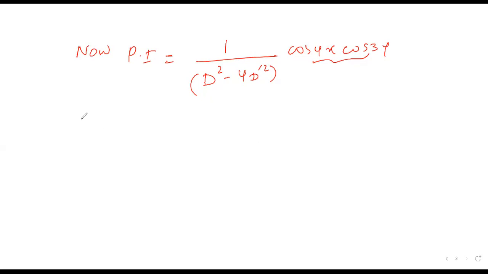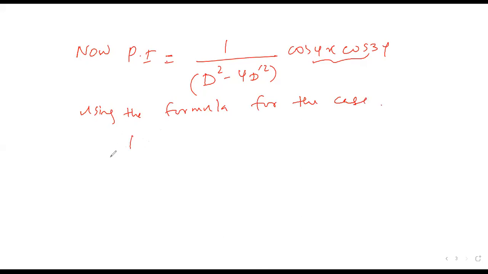We have a formula for finding the PI in these cases.